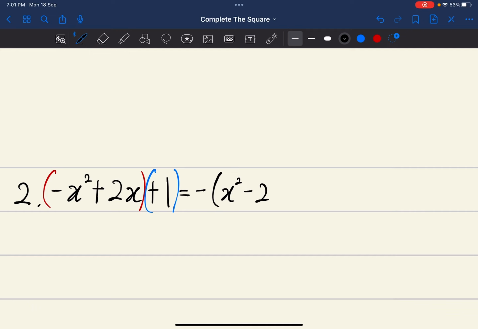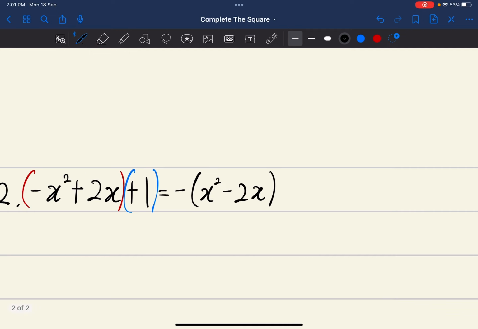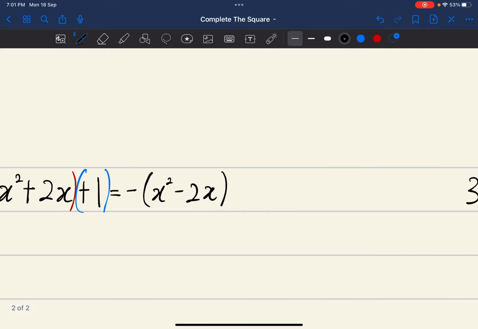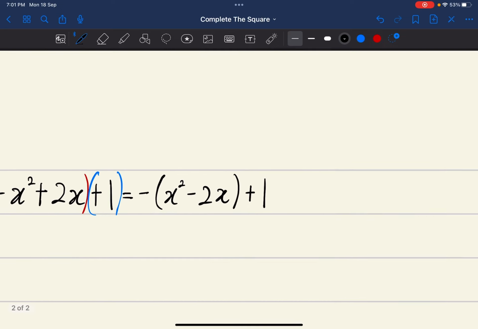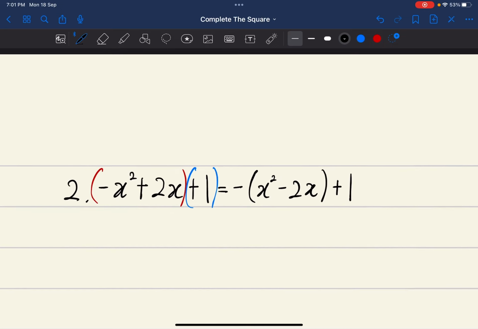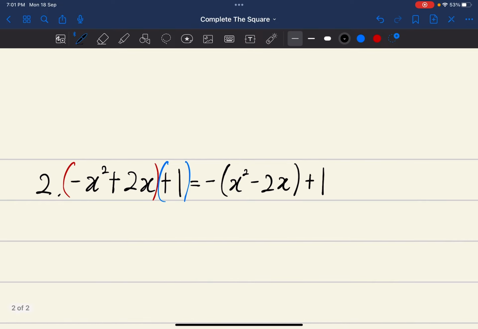So this would become this, right? Because if you multiply the negative into the bracket here, it would be -x squared plus 2x, which is the same as the red colored section that I've highlighted. So you rewrite it like this. It's still the same equation. They're still equivalent to each other if you multiply -1 inside of the x squared and -2x, right?